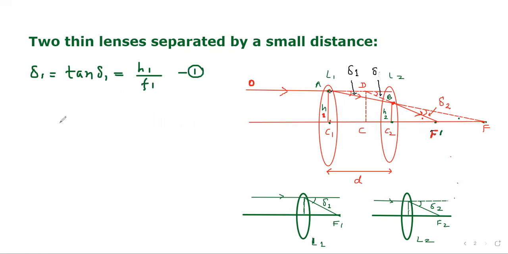Suppose this is equation number 1. Now the deviation produced by the second lens. So C2F2 is taken as small f2. So tan delta 2 is equal to H2, this distance is taken as H2, divided by F2.